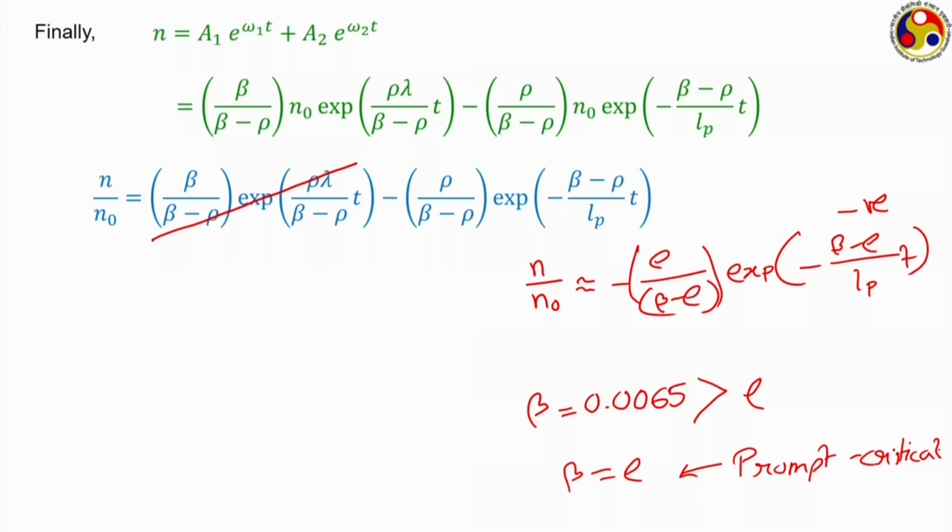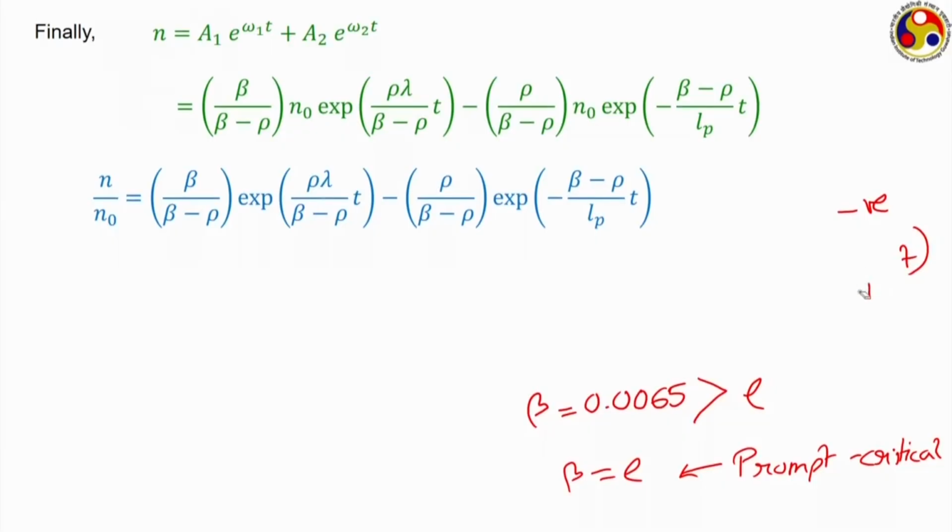So, when beta and rho are equal, only then we call it prompt critical, and for uranium-235, beta is equal to 0.0065. So, reactivity can be significantly higher than 0.001 or 0.002, which can be disastrous in case of only prompt neutron kinetics, but still we can have a safe operation going on.